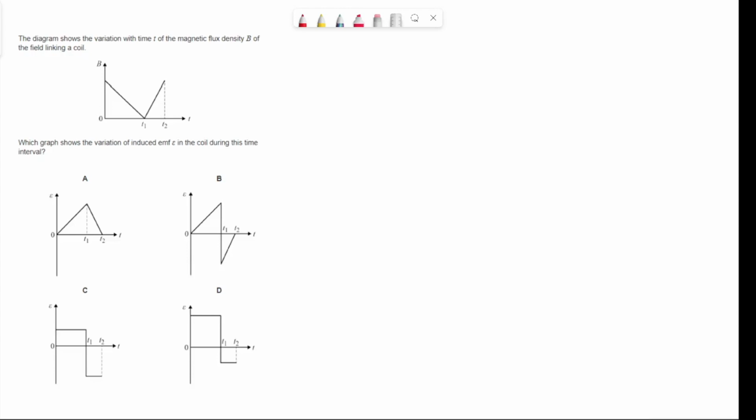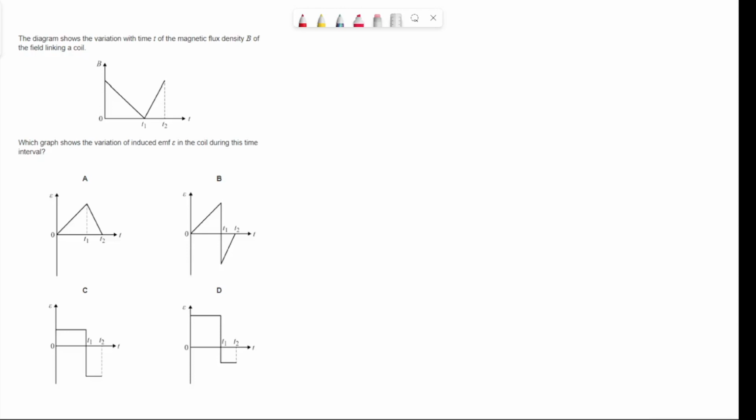Our final example for this video looks at a graph of magnetic flux density versus time for a field linking a coil. The question asks about how the induced EMF varies with time for this problem.